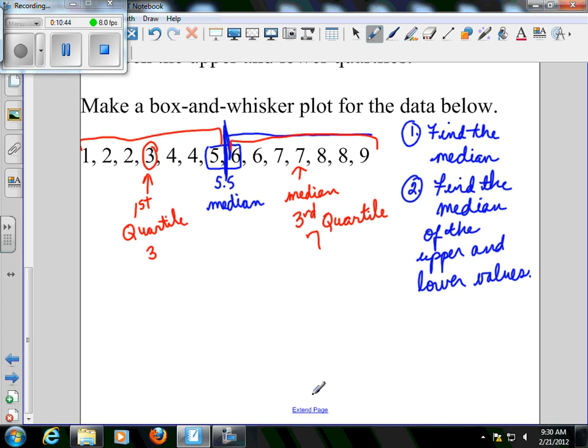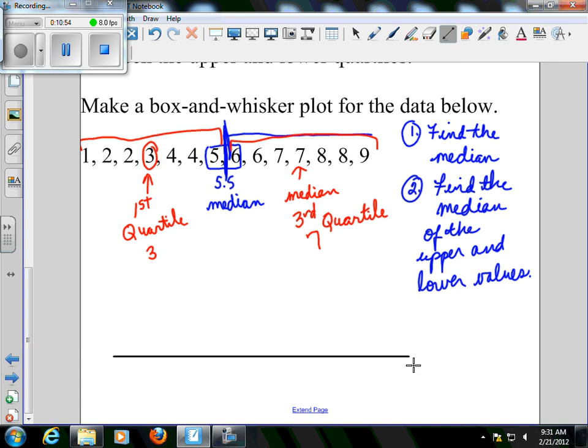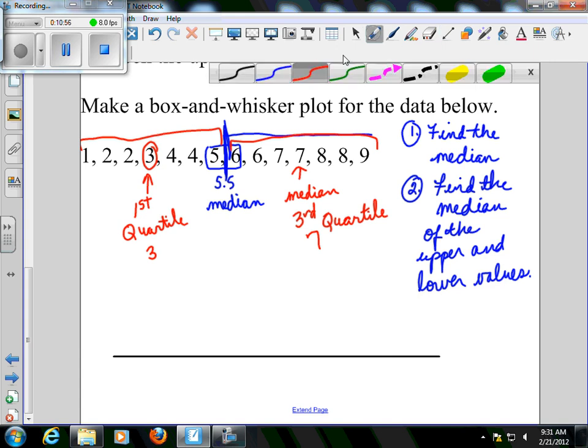Now we're going to take all of this information and put this into a box and whisker plot. We're going to make a line, and we want to list some values here.